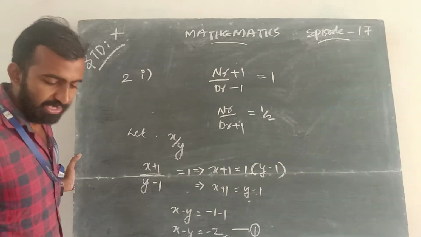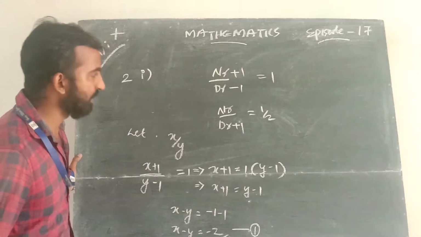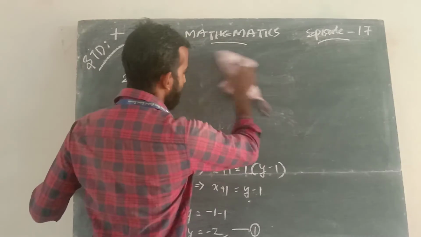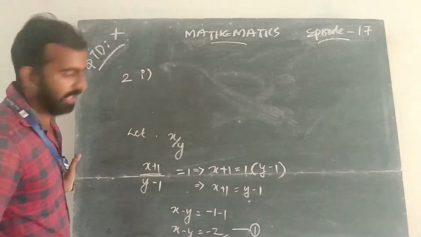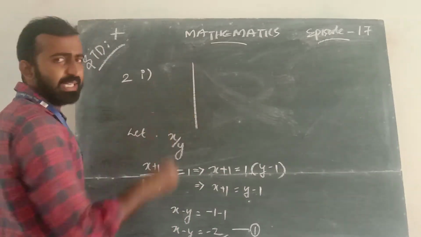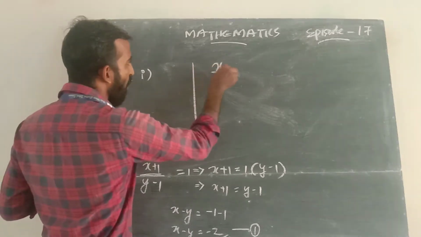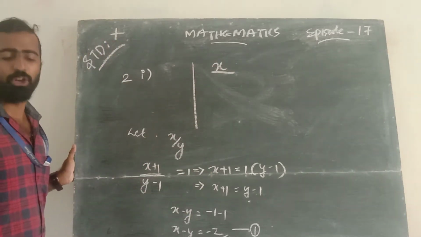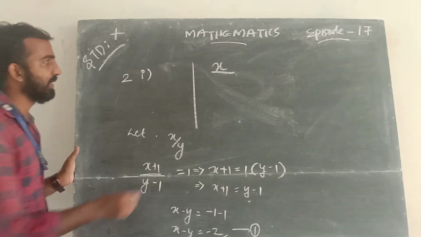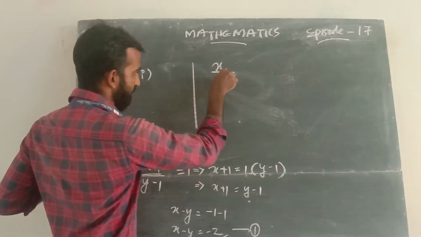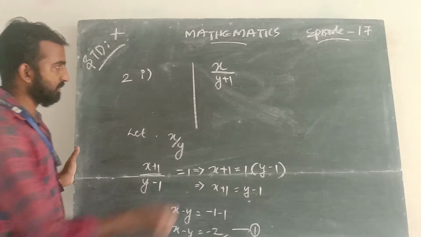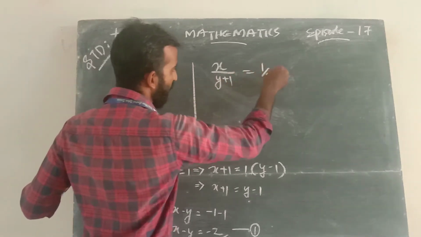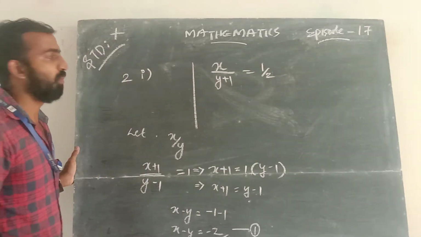And next, what is our second condition? When we add 1 to only the denominator, we can write x by y plus 1 equal to 1 by 2.